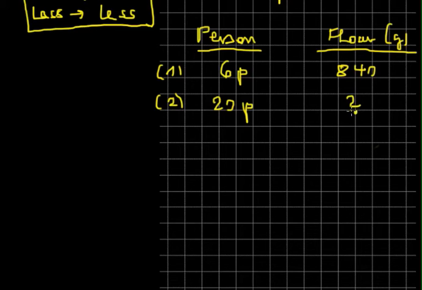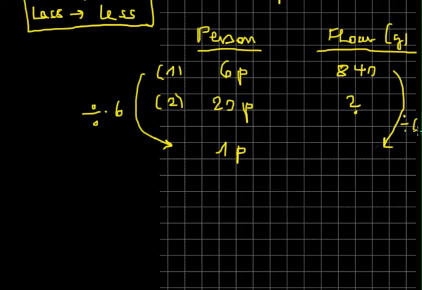So the detailed way is that if you know that 6 persons need 840 grams of flour, you always go back to the amount required for 1 person, because it is an easy calculation in the sense that you simply divide by the number that you are given on the left hand side, and this gives you 140 grams.